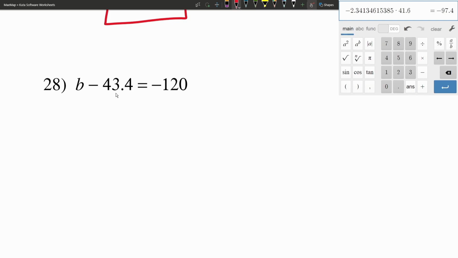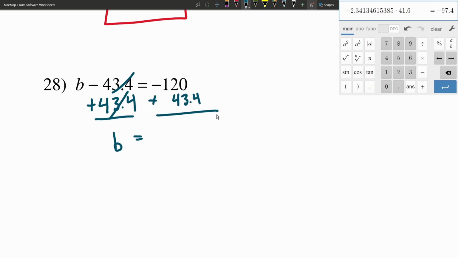So, let's just finish this out. If we're subtracting some number from our variable, in order to cancel it out in one step, we're going to add. So 43.4, adding it to the left-hand side will leave us with b minus 0, or b plus 0, which is just b, and we're going to also add it to our right-hand side. So adding our 43.4.